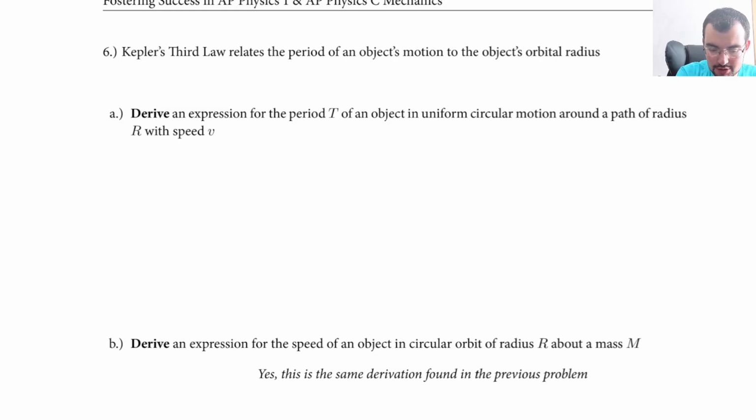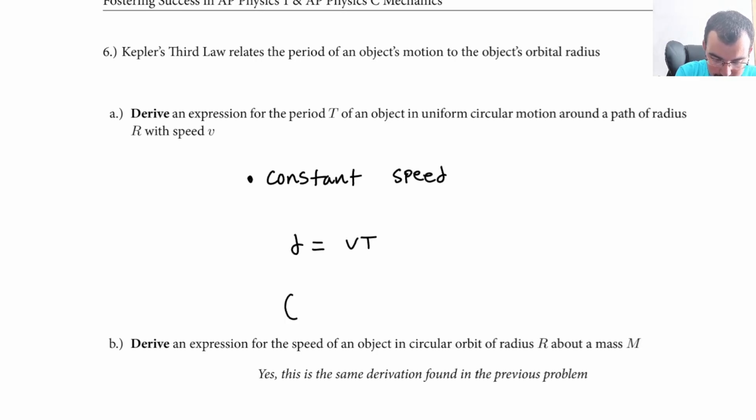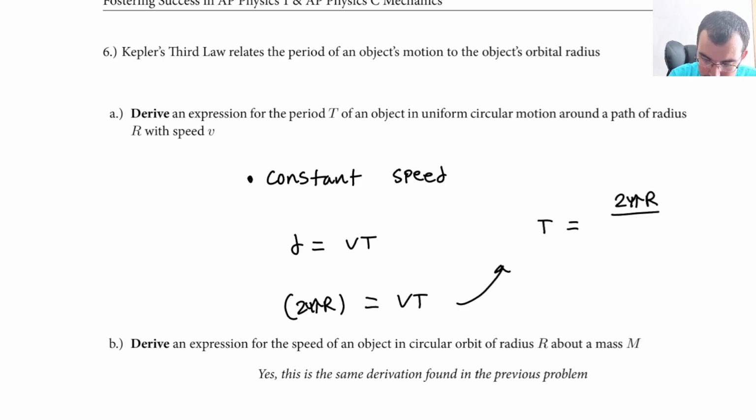Uniform circular motion means constant speed, so distance equals speed times time. And if we're in a circle, distance is 2 pi r. So the orbital period of a satellite or anything in circular orbit is 2 pi r divided by v.